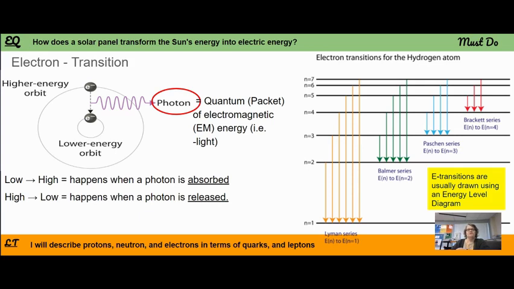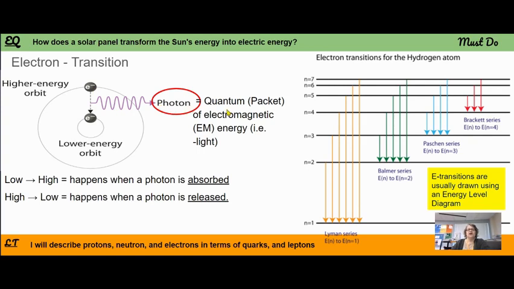So the orbitals that go around the nucleus start out at 1, 2, 3, 4, etc. Electrons can jump from one shell to another shell, and when it does that, it absorbs energy. When it drops back down, it releases that energy, and it releases that energy in the form of a photon.